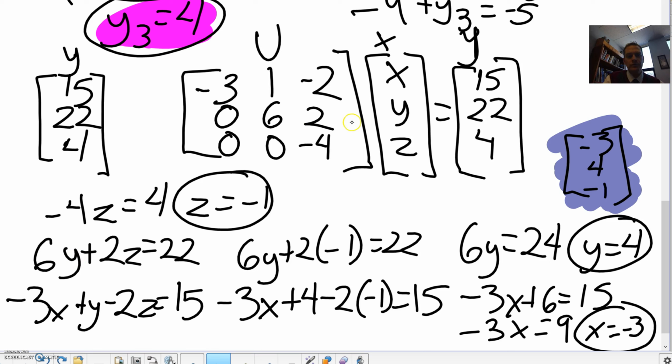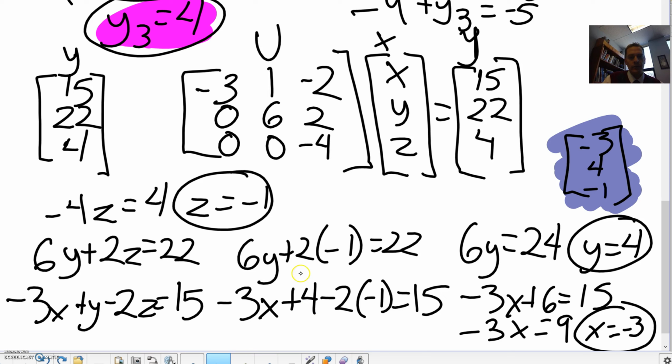6y plus 2z equals 22. Now I can substitute the negative 1 in for my z and solve. That's 6y minus 2 equals 22, or 6y, when I add 2 to both sides, equals 24, so y equals positive 4. That's the second part of my answer. And then lastly, using the final equation, negative 3x plus y minus 2z equals 15, substitute the pieces that I know. Negative 3 times something I don't know, plus 4.